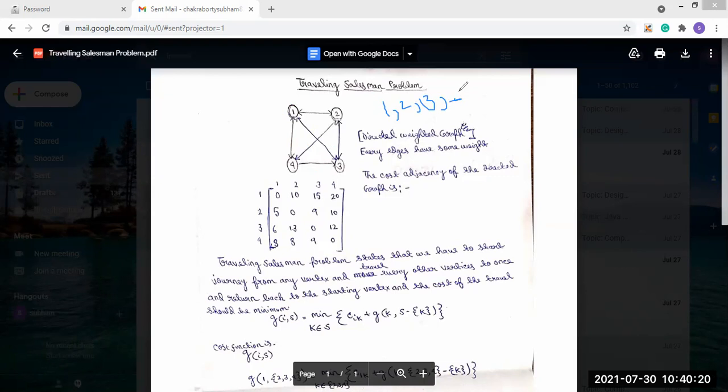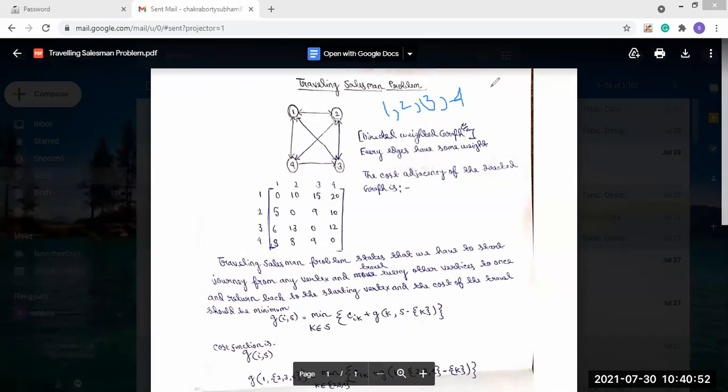From these 4 vertices, we have to choose one vertex as the starting vertex, and from this starting vertex we have to cover all other vertices. After completing all the vertices, we have to return back to the starting vertex, and the cost of the travel should be the minimum. This is what the traveling salesman problem states.